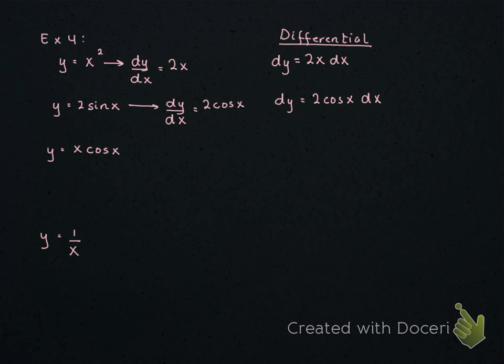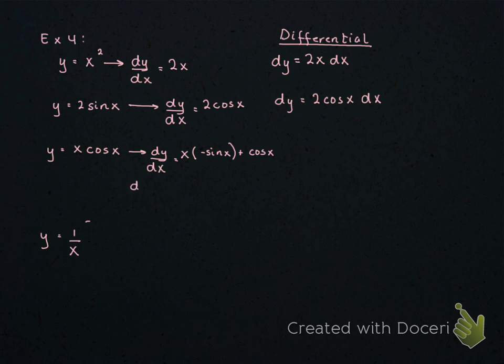So we are going to use our product rule here. Okay, dy dx will equal x times the derivative of cosine plus cosine times the derivative of x, which is 1.